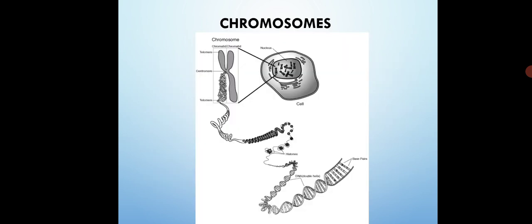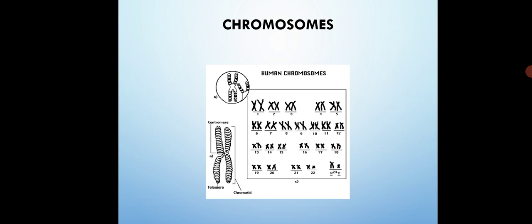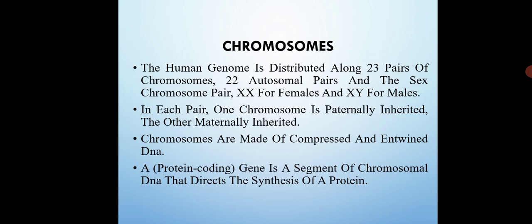And this is the chromosome of a eukaryotic cell. Images of chromosomes. Let's talk about the chromosomes. In the human genome, we have 23 pairs of chromosomes. Out of these 23 pairs, 22 are autosomal pairs, and the 23rd, the final pair, is called the sex chromosomes.